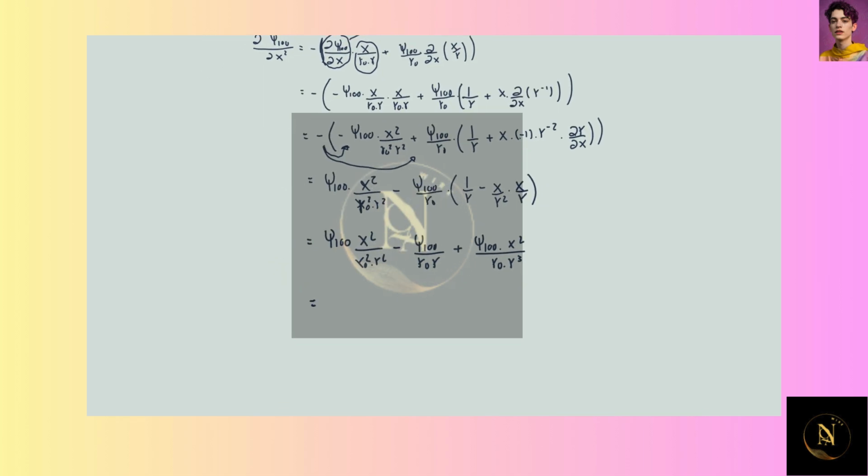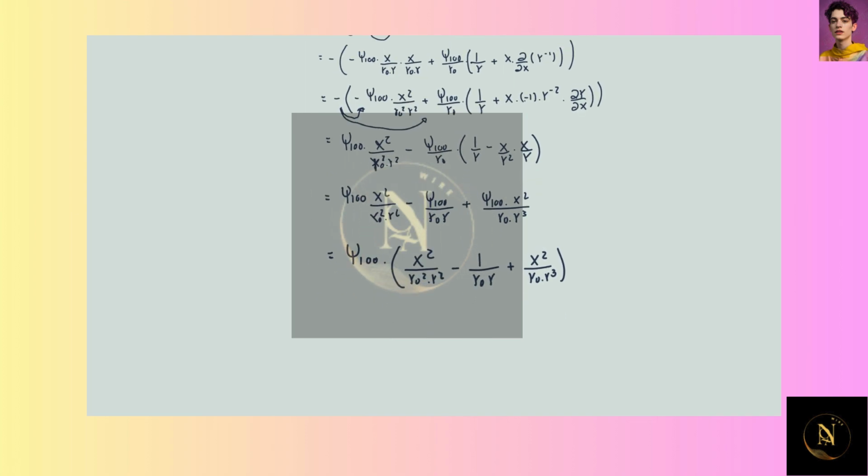Finally, this is equal to psi100 times x squared divided by r0 squared times r squared, minus 1 divided by r0 times r, plus x squared divided by r0 times r to the third. And this is with respect to x.